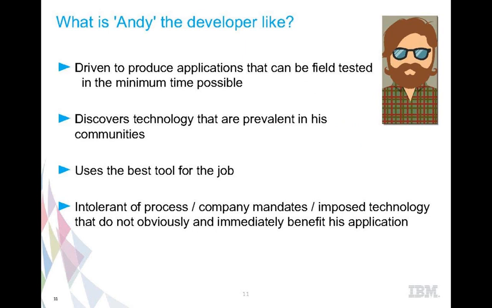So keeping all this in mind, Andy wants something which he can have on his computer, at the same time use the skills that are handy for him, that he has expertise in, and have things developed within a few minutes and tested within a few minutes.